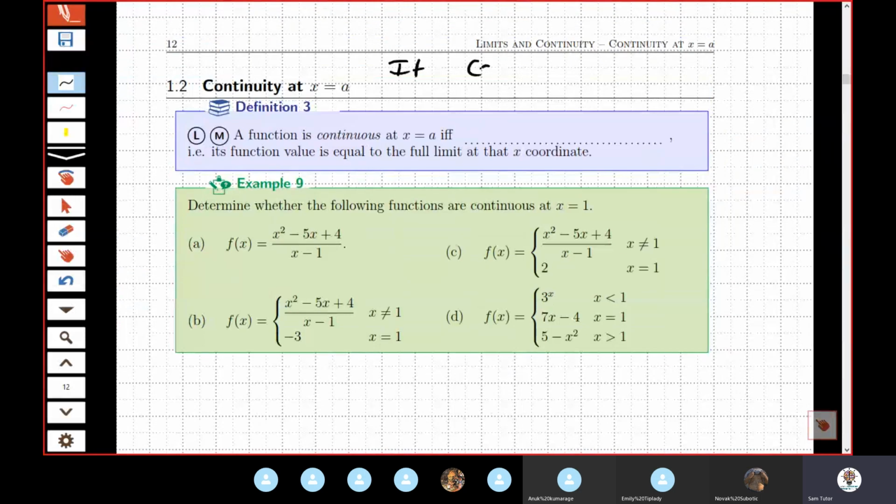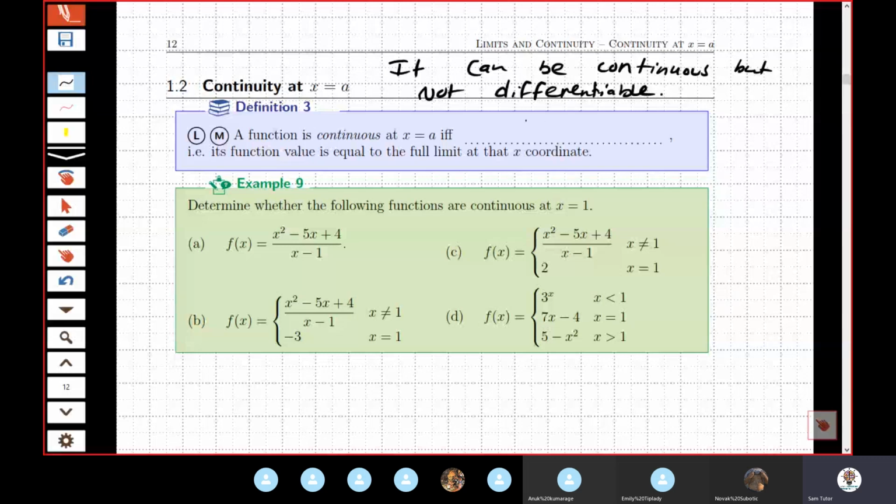It can be continuous but not differentiable. But if it's differentiable, then it will automatically be continuous. So if something is differentiable, it will automatically be continuous. But this question is just saying determine whether the following functions are continuous at x equals 1.